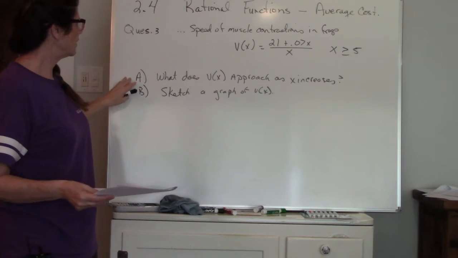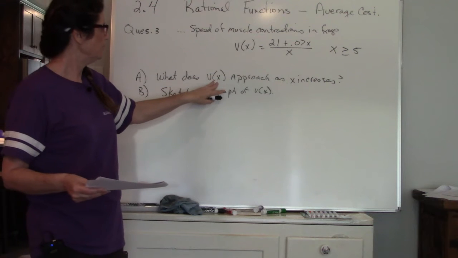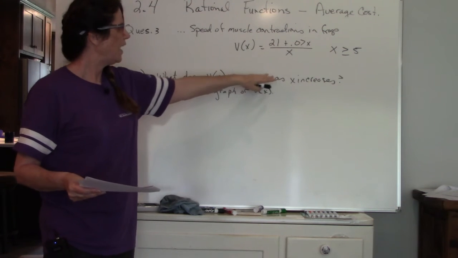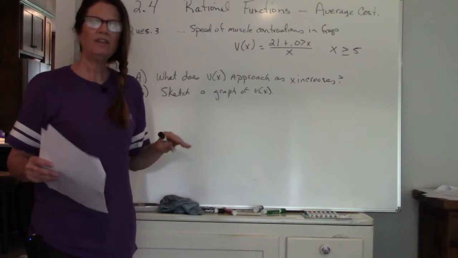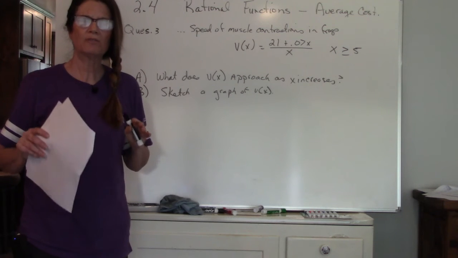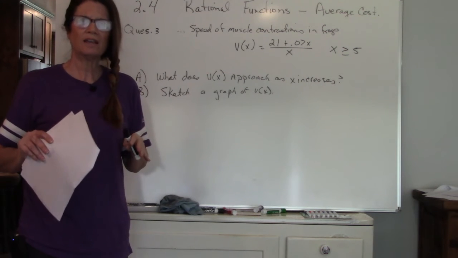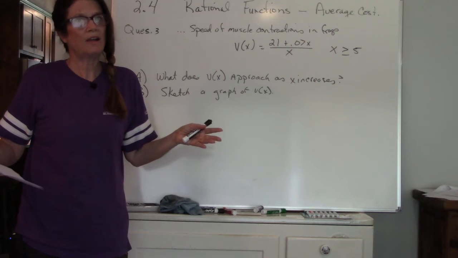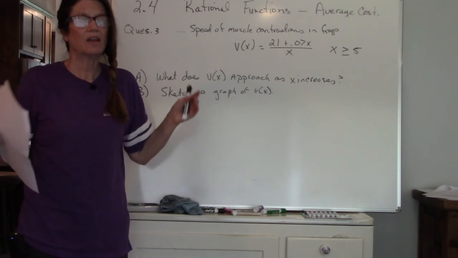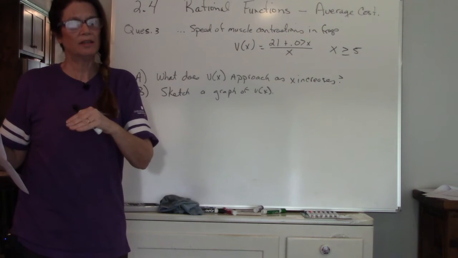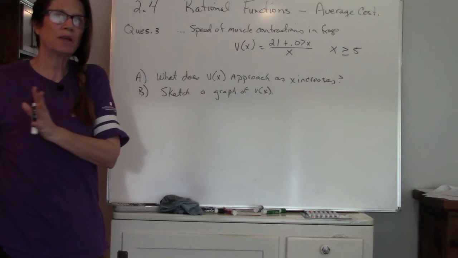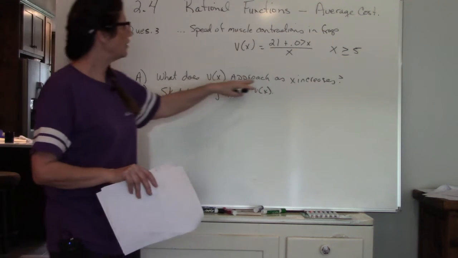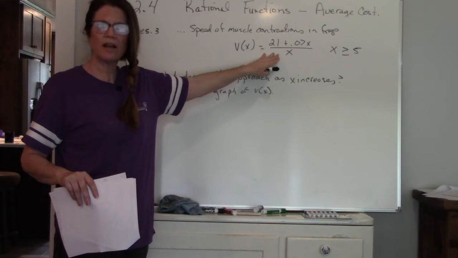So A is asking, what does the function approach as x increases? Anytime you see it in that format, what they're asking is, what's the horizontal asymptote? That's what it's asking. What is the graph approaching as x gets bigger and bigger and bigger? Well, it's going to approach your horizontal asymptote.